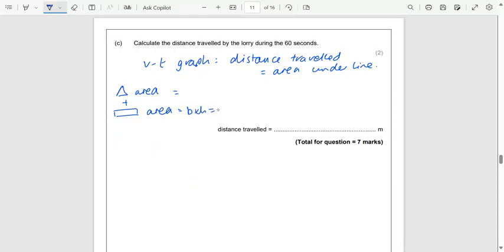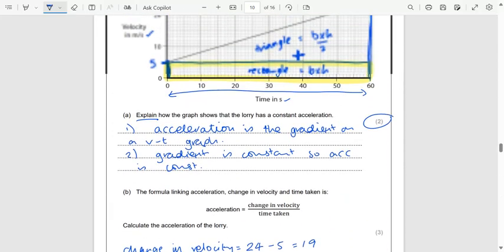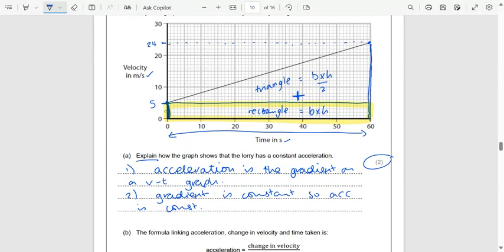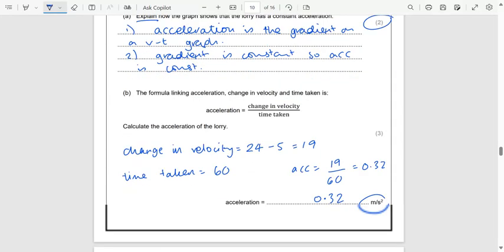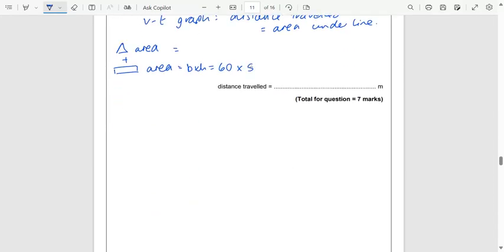Base times height. So a base of 60 and a height of 5. So this is 60, and that's 5. 60 times 5 is 300, and the distance is in meters.